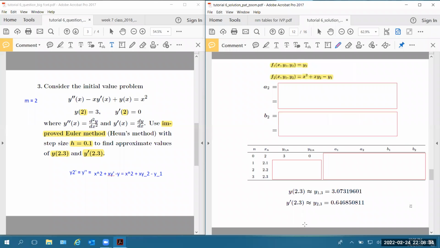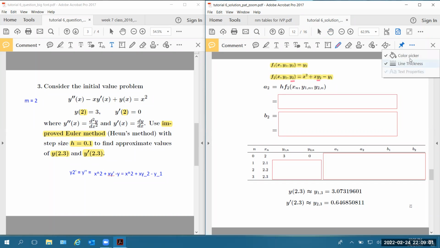And let's do the a2, b2. So my a2 is actually h f2, this thing. You need to look at the f2. F2 is x squared plus x y2, and y2 is this one here, and then minus y1.